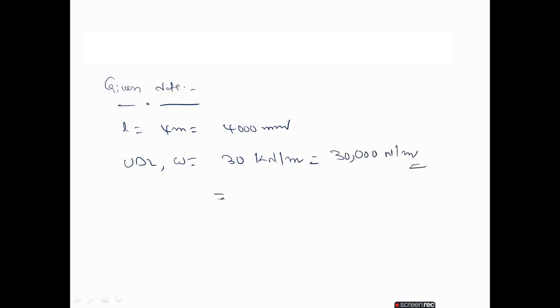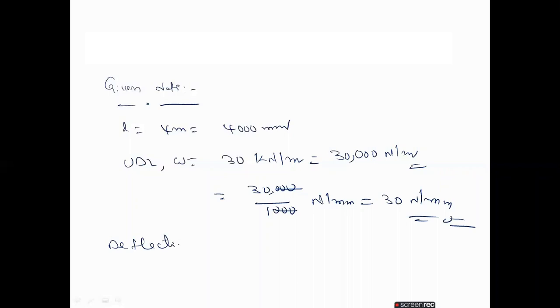Now I will convert into Newton per mm, that is 30,000 by 1000 Newton per mm. So that means we will get 30 Newton per mm. Okay, the deflection value given in the problem at the center, delta equal to 15 mm. So now by using this data, we have to calculate the P value.